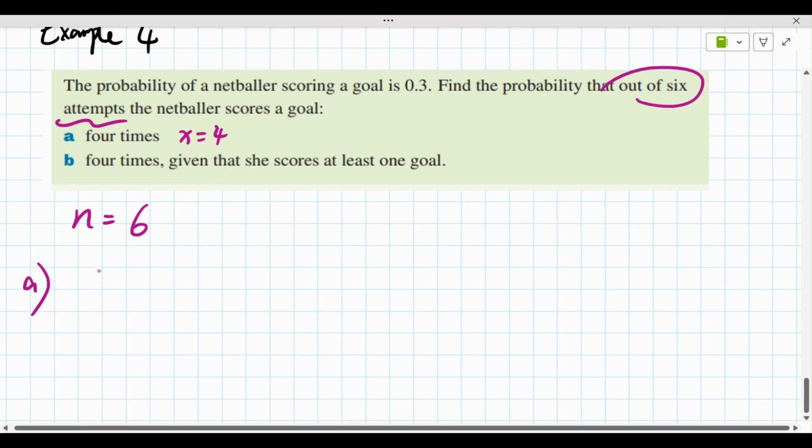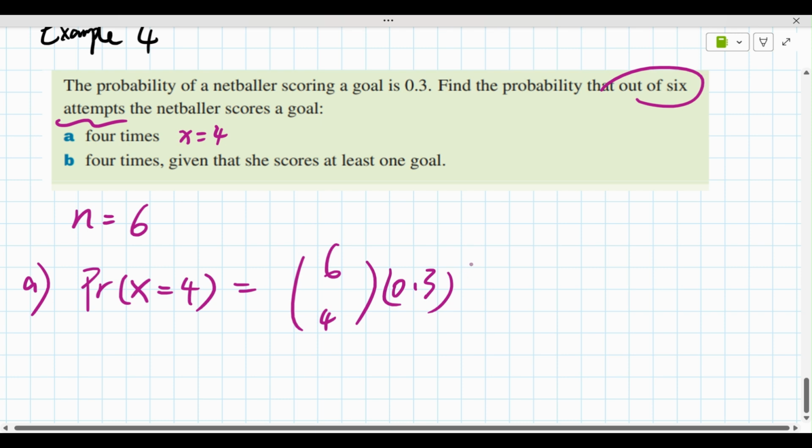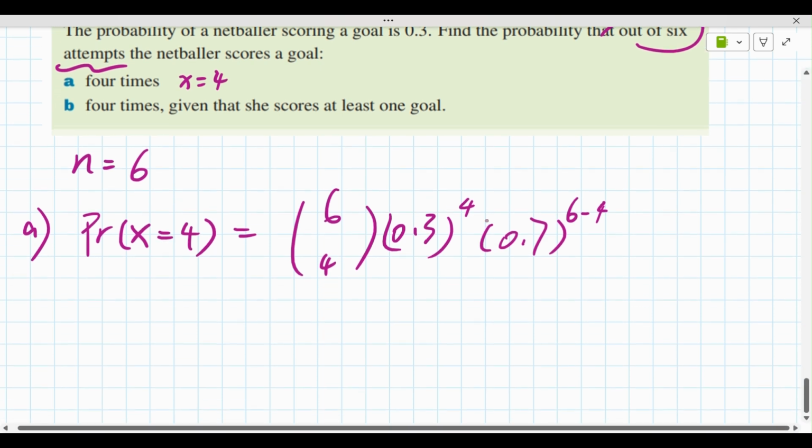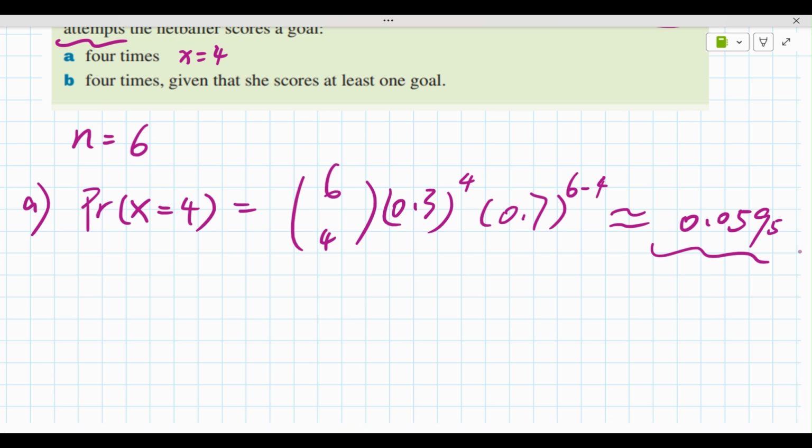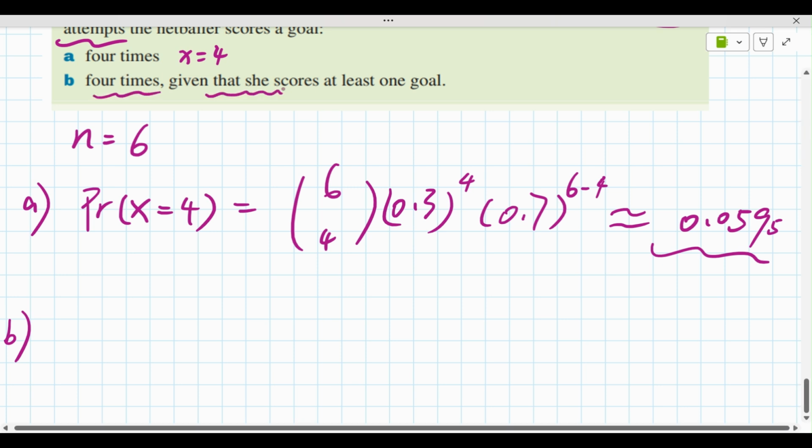So A is equal to the probability of x equal to 4, which is 6 choose 4, and 0.3 is a score, which is success 4 times, and then 0.7 to the power of 6 minus 4, which is 2. Then we calculate it in the CAS calculator, and that's 0.0595, approximately 6%.